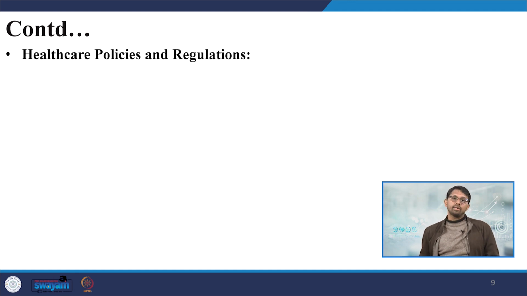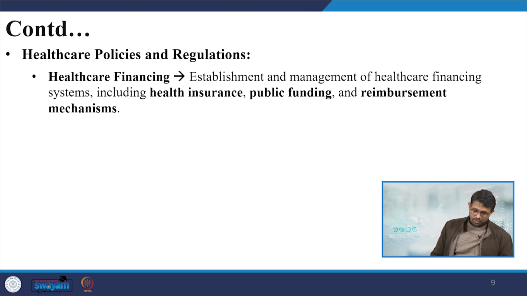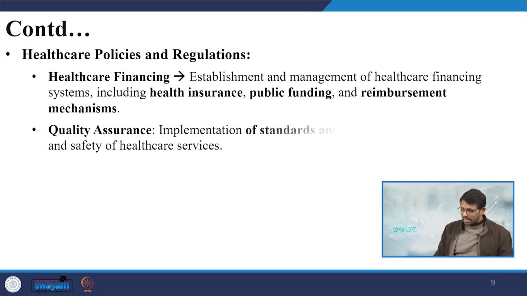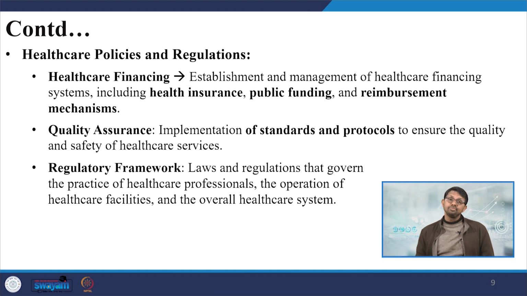Healthcare policies and regulations are important; this pertains to financing as well, which includes health insurance, public funding, reimbursement mechanisms etc. Quality assurance is another aspect of provisioning which is also part of healthcare policies and regulation. This includes implementation of standards and protocols to ensure the quality and safety of healthcare services.